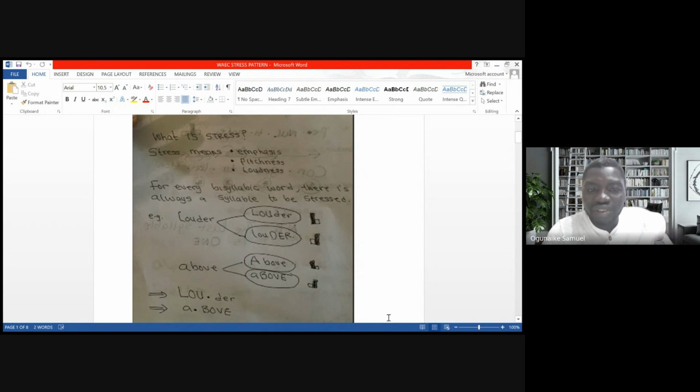Take, for example, in the first example, I gave emphasis to the loud, and I tried to be pictorial, and the da was lower. In the second one, louder, I gave emphasis to the da, and the loud was inferiorized. We have the same thing for above.